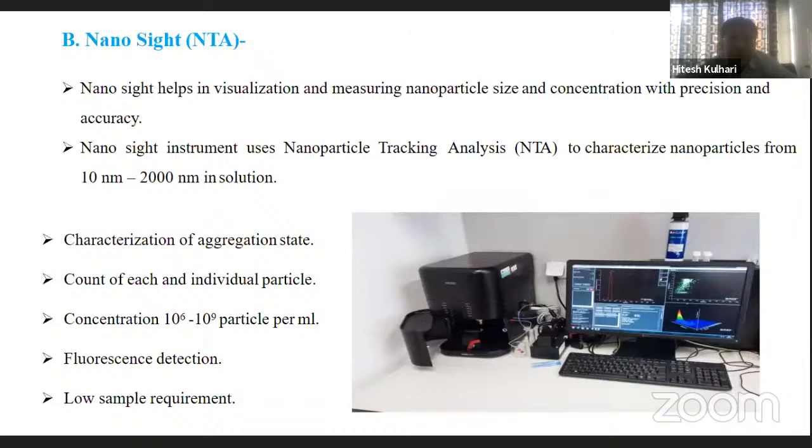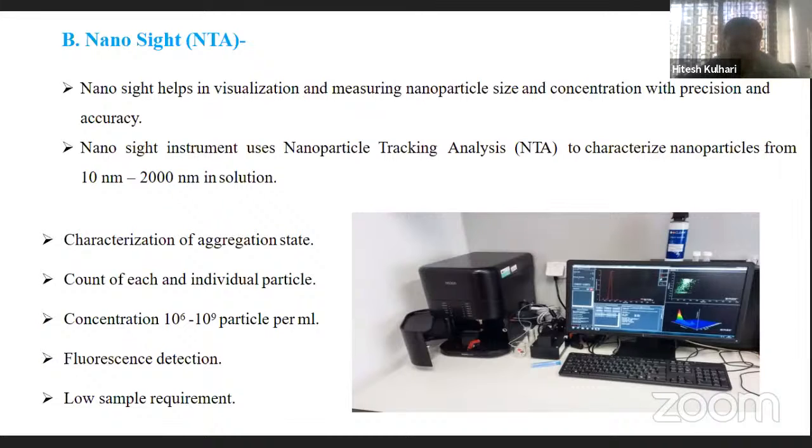Next is the NanoSight. This is the other instrument which is generally used for determination of particle size, generally between 100 to 200 nanometer. But it also determines the aggregation state. If there is any aggregation in the particles, it will easily tell us that the particles are aggregated.